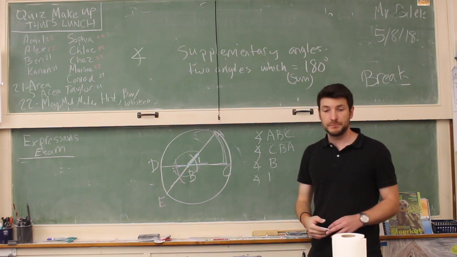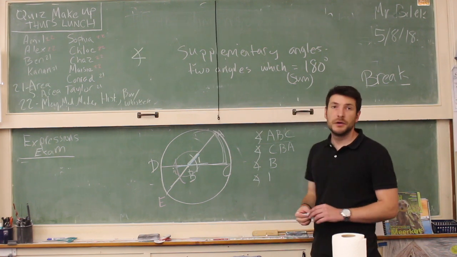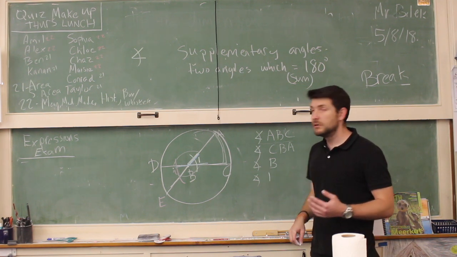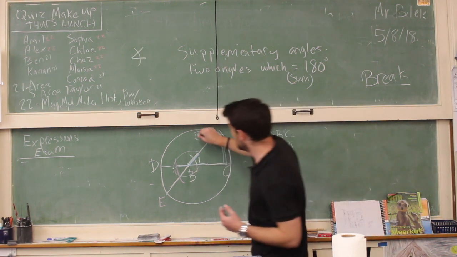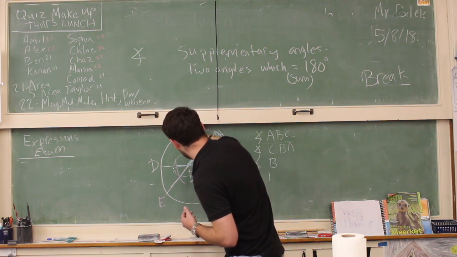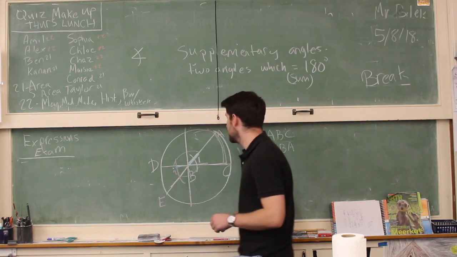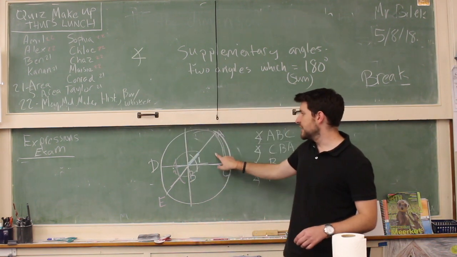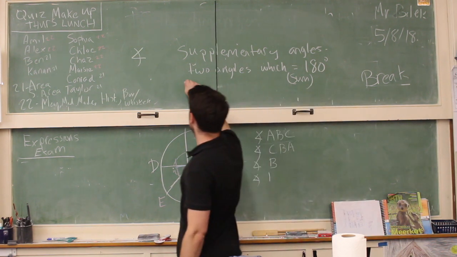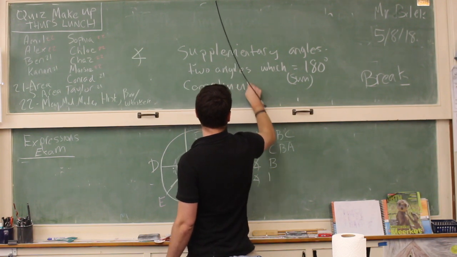Okay? Now there's another definition as well. Two angles whose sum is 90 degrees. If we put back our prime meridian here, this angle and this angle, when we add those together, they would be called complementary.